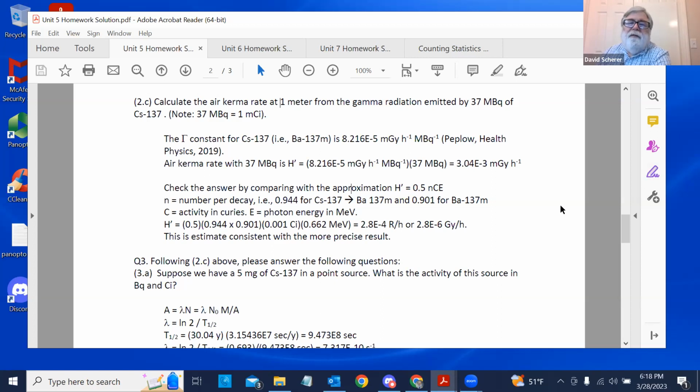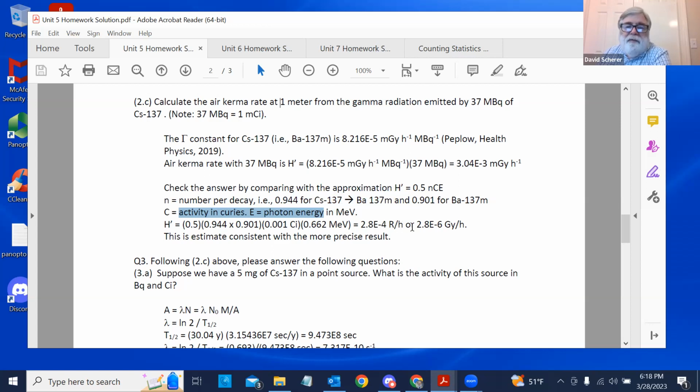It's a simple formula and a good way to check yourself. That's all I'm doing, checking my answer for reasonableness. And so I use NCE, and that N is again the number of photons, C is the activity in Curies, E is the energy in MeV, multiplying together, and it turns out to be very similar.